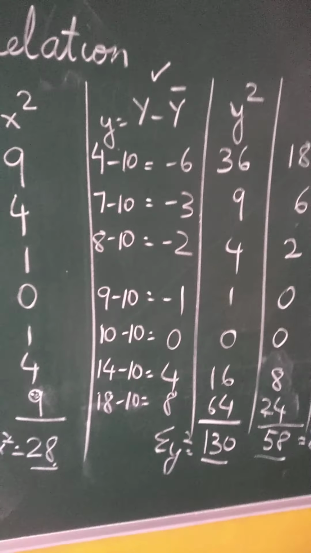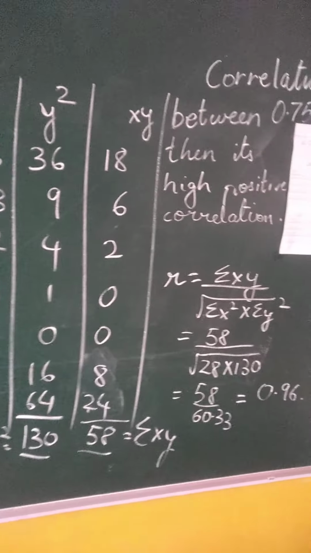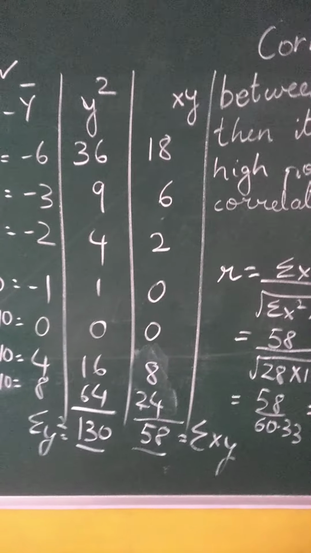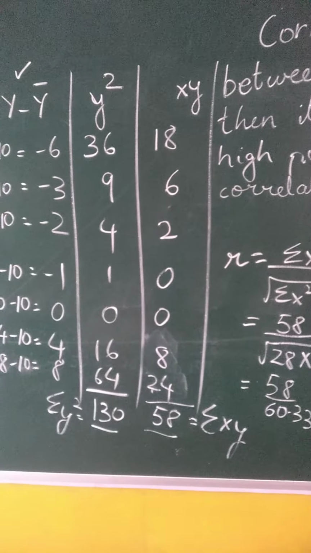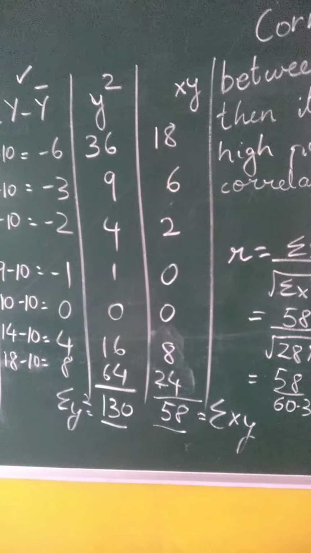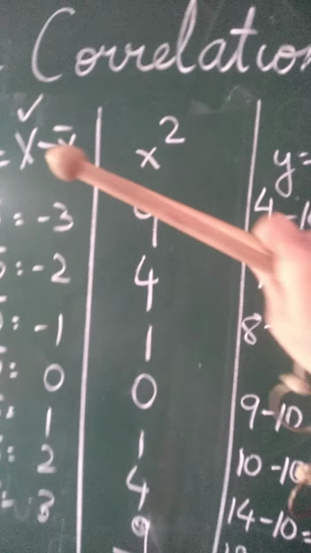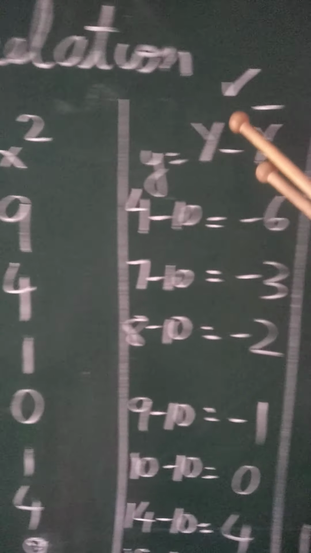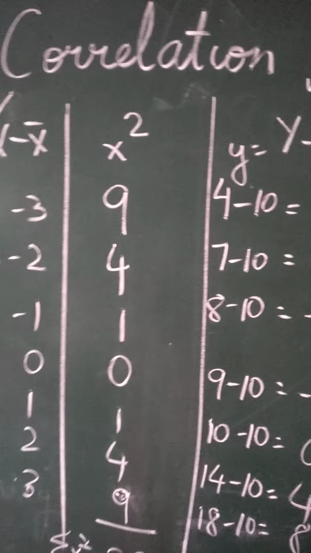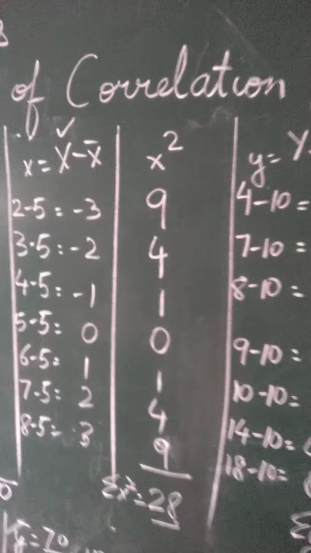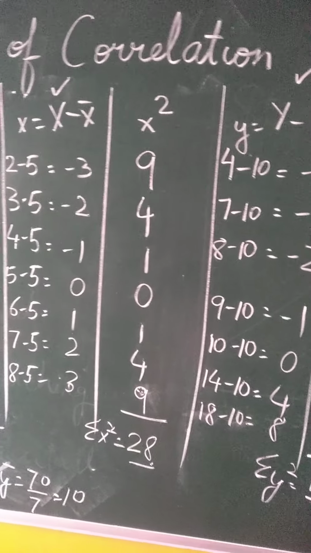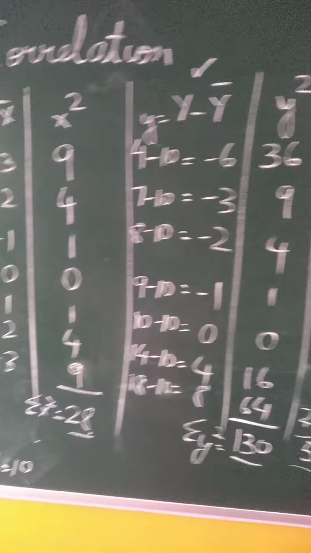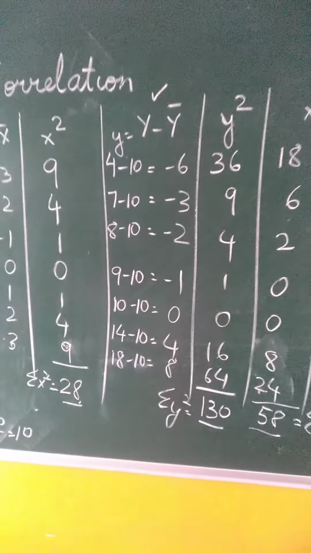We also require the summation of xy. That means we have to multiply the deviations which we have taken from x and from y. We have to multiply this column with this column. Clear? So minus 3 multiplied by minus 6 comes out to 18.